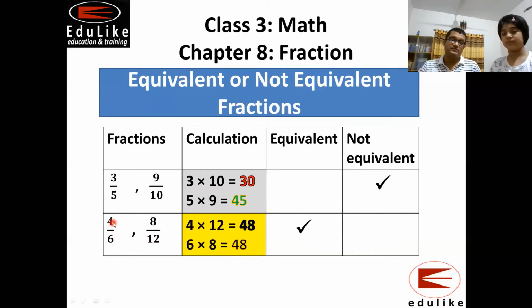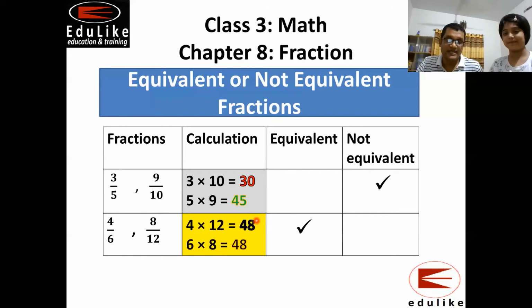Again, between the fraction 4 by 6 and 8 by 12, 4 multiplied by 12 is equal to 48 and 6 multiplied by 8 is also 48.